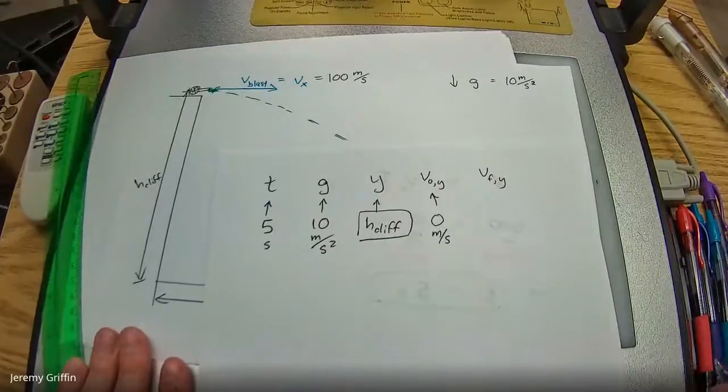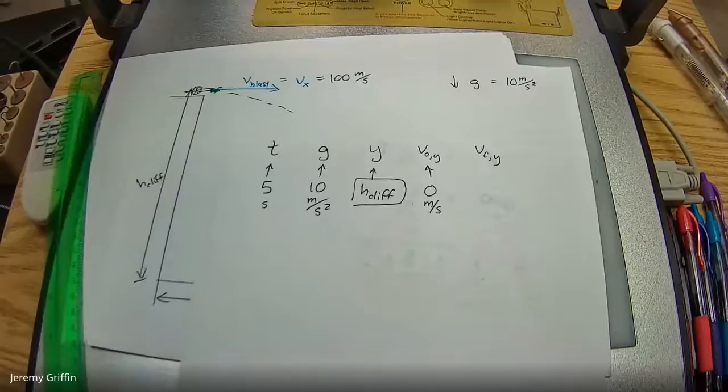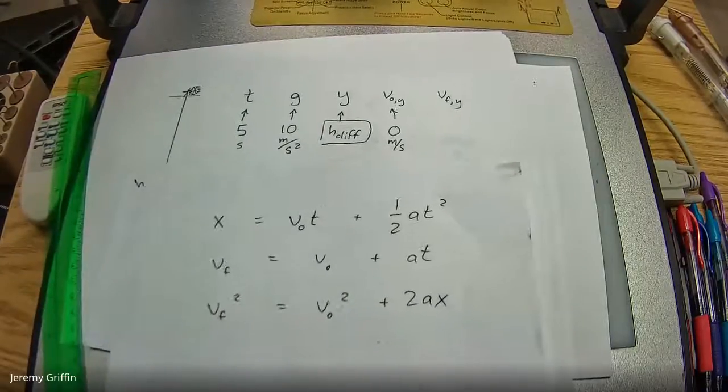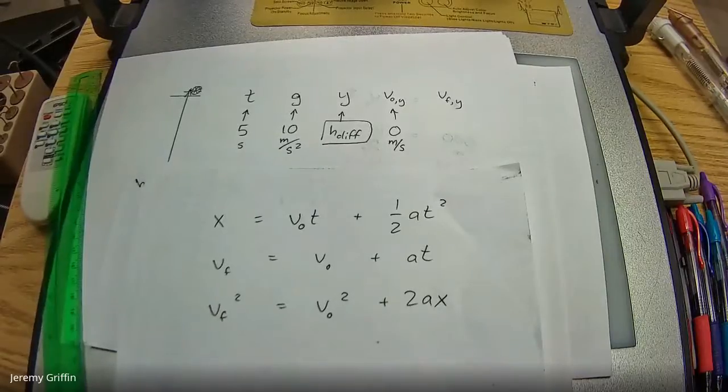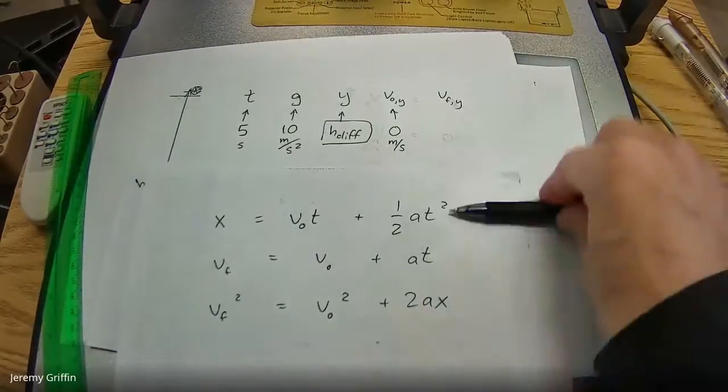We have 3 things now, don't we? You guys good? So, you bring in the 3 amigos. You say, I want to figure out what the height of the cliff is. I know how much time has passed. That's got to be which equation? First, second, or third? First. Yep, definitely the first one.